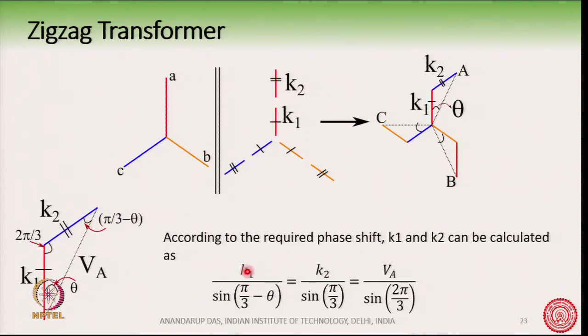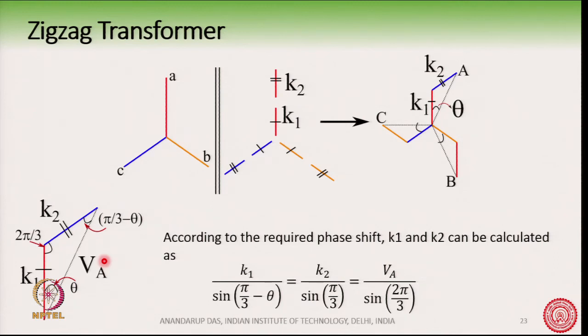This is the triangle, this angle is theta, this angle is 2 pi by 3 or 120 degrees, and then this is 60 degrees minus theta. And these sides are K1, K2, and this side we define as VA. That is the required phase voltage magnitude.